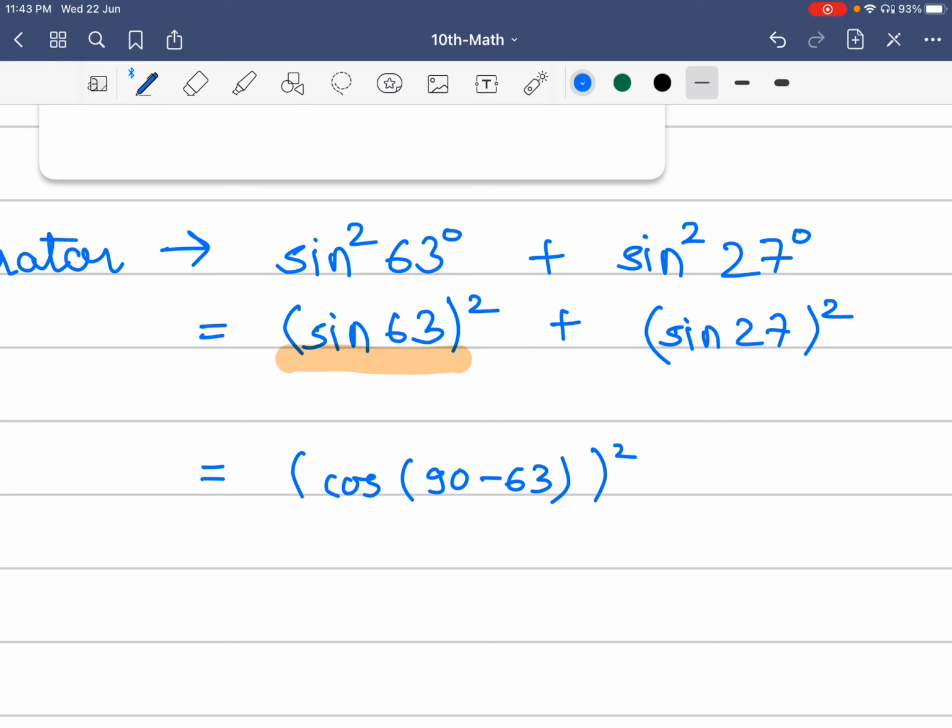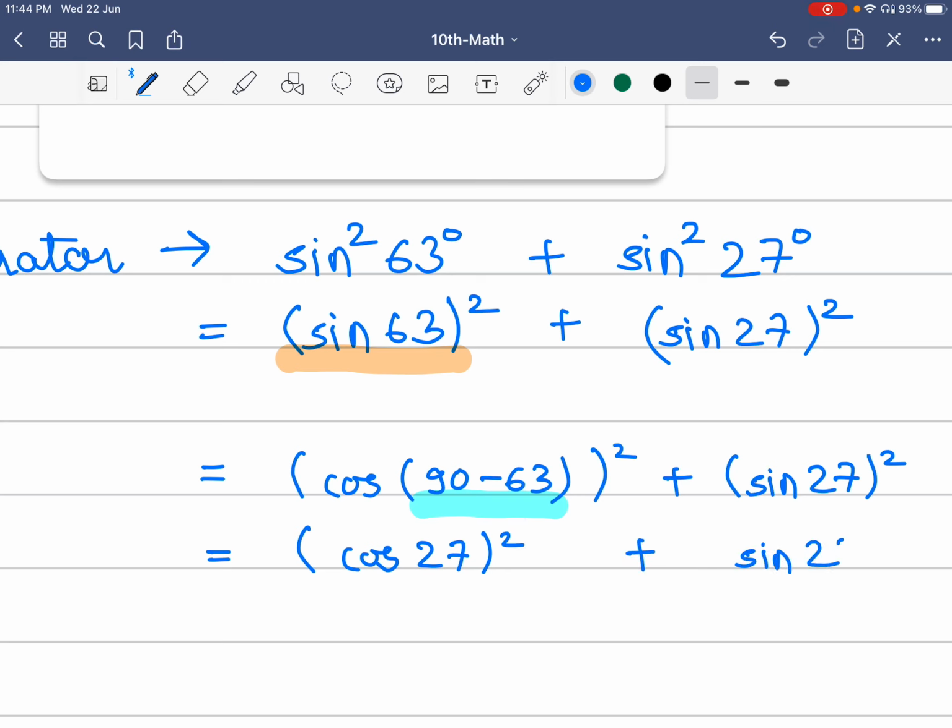Sine theta can be written as cos of 90 minus theta. That is equal to plus, this will be as it is sine 27 the whole square. Now let's evaluate this expression. 90 minus 63 is equal to 27. So cos of 27 the whole square plus sine of 27 the whole square.